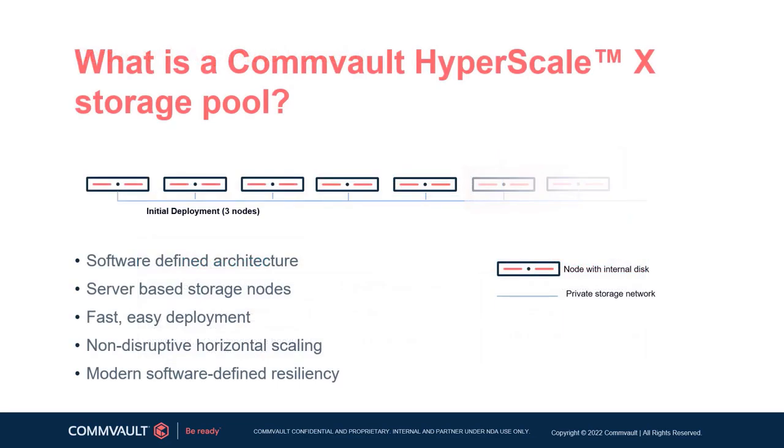Commvault Hyperscale X is an integrated scale-out data protection and data management solution, where legacy approaches to data protection and legacy protection storage architectures are inadequate for a variety of reasons.